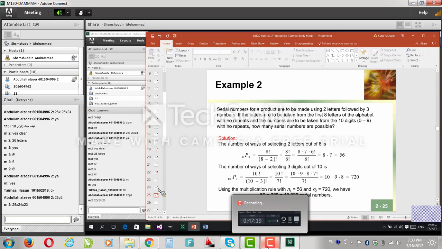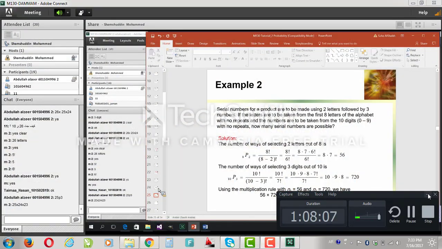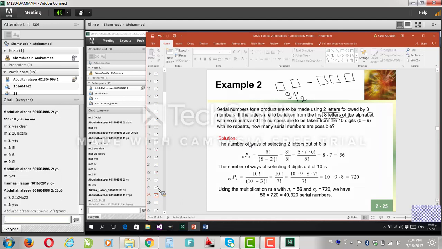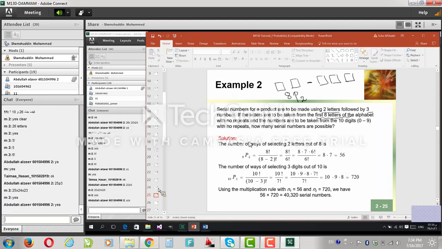One more example. Now a serial number for a product is to be made using 2 letters followed by 3 numbers. So I'm using 2 letters here, followed by 3 numbers. If the letters are to be taken from the first 8 letters, so I have 8 letters using 2, right? And with no repeat, and the order is important, of course.